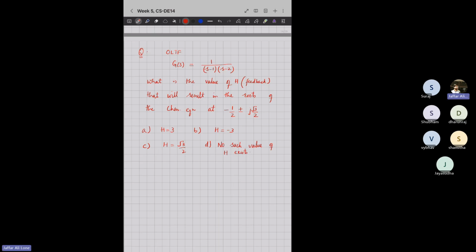See, you have an open loop function and you are given a feedback H, and it's not mentioned. It's not unity feedback, of course, but it's not mentioned whether it is negative or positive. Whenever I told you, I've told you this before as well, whenever there is nothing mentioned about the feedback, of course you should take negative feedback.